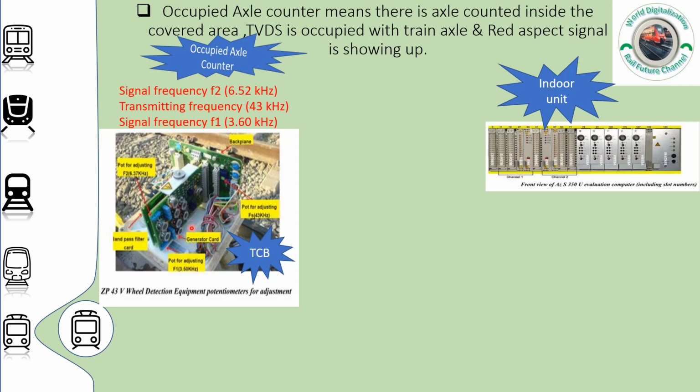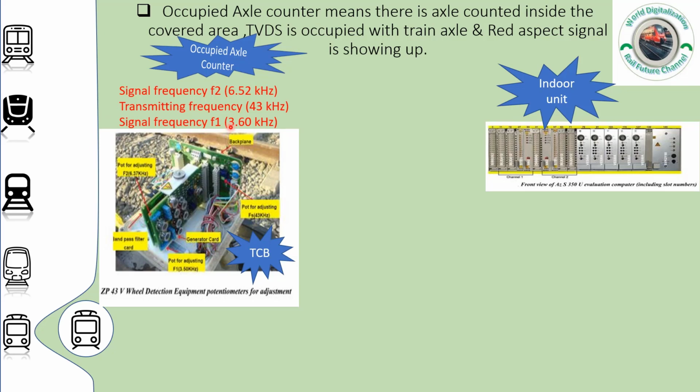For the generator board, we have here multiple potentiometers. This is one potentiometer here to adjust frequency F1, one potentiometer here for adjusting frequency F2, and there is one potentiometer here for adjusting the Fs.